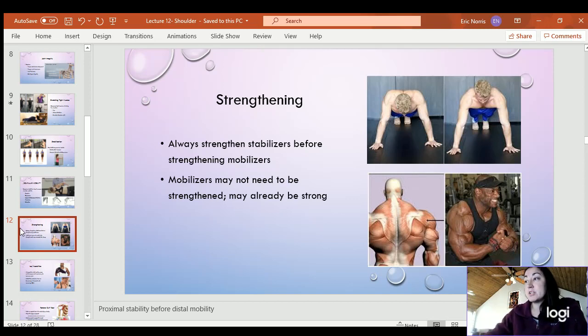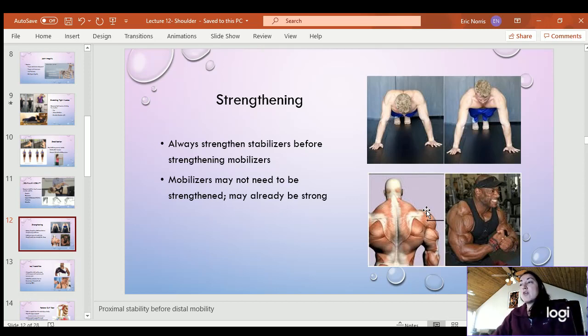Oftentimes people with mobilizers, their deltoid, their traps, their biceps, triceps, all of that is oftentimes already very strong, but typically the rotator cuff cannot lift more than about 5 pounds, and in a very strong individual it may be up to like 10, but it's not supposed to take the brunt of the force, but it needs to be able to stabilize, to hold everything in place while you're moving.